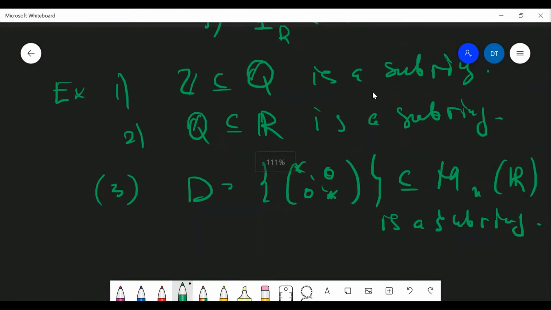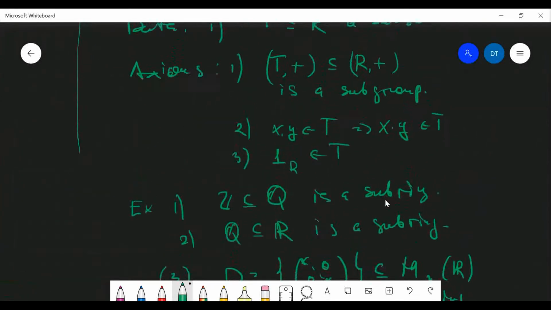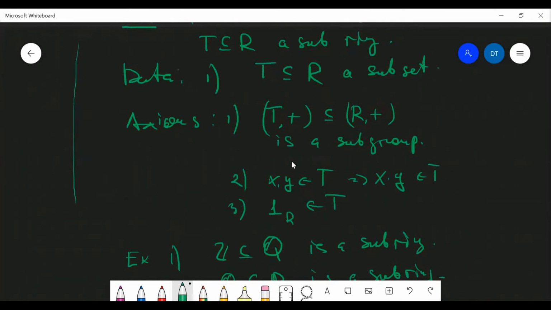One additional remark: if you have a subring, then you may restrict the addition to the subset. So what is a subring? It's a subset, closed under addition and closed under multiplication.